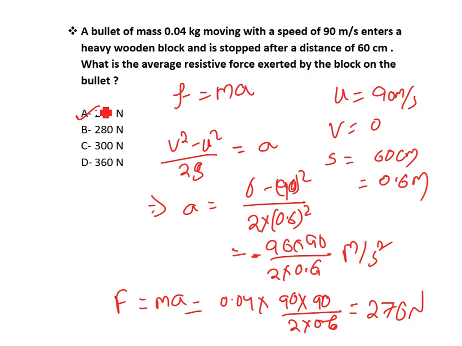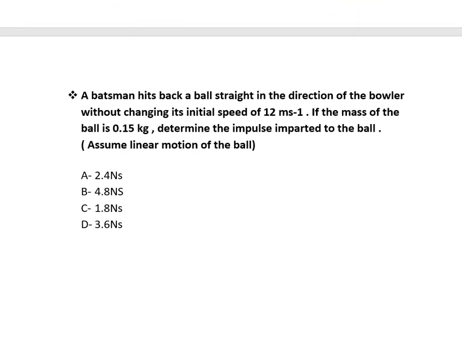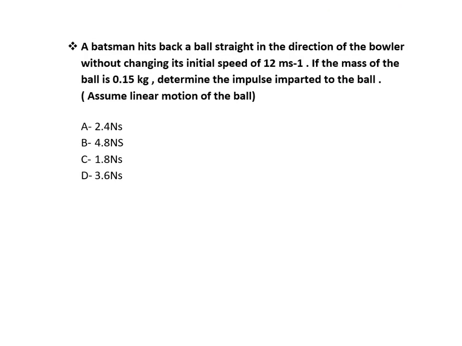So your next question, question number 5. It is showing that a batsman hits a ball straight in the direction of the bowler without changing its initial speed.